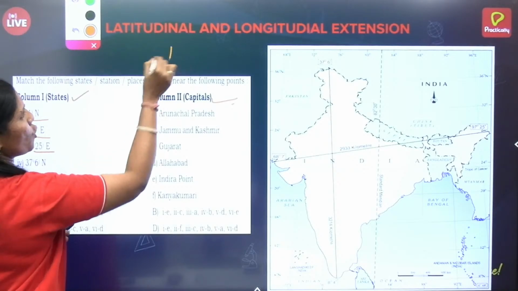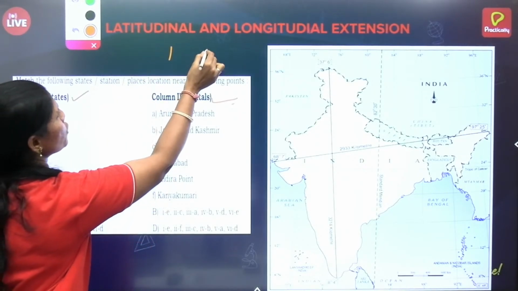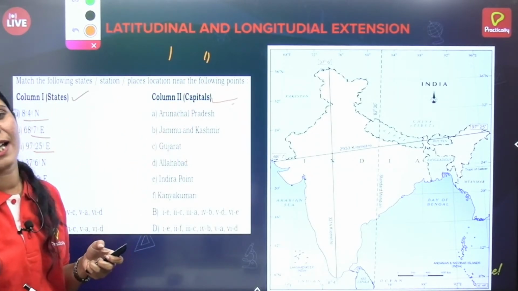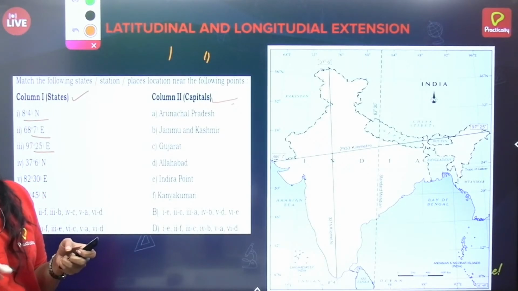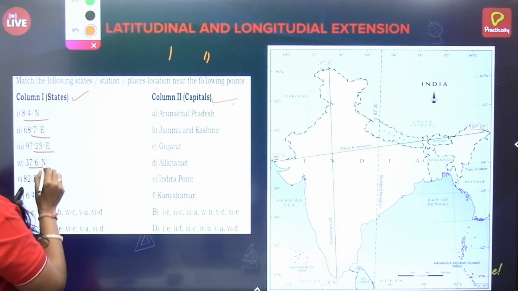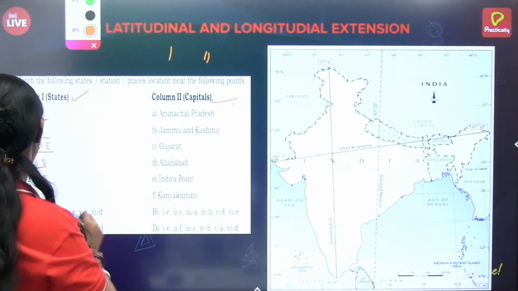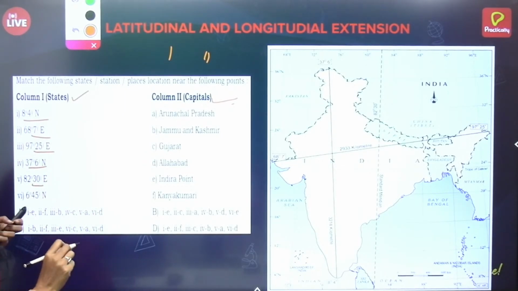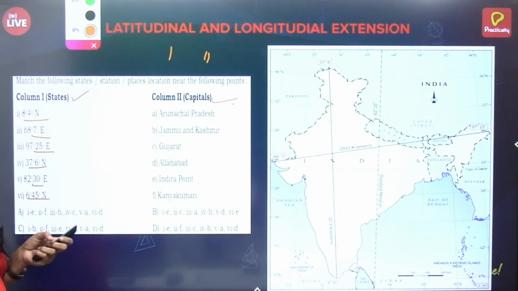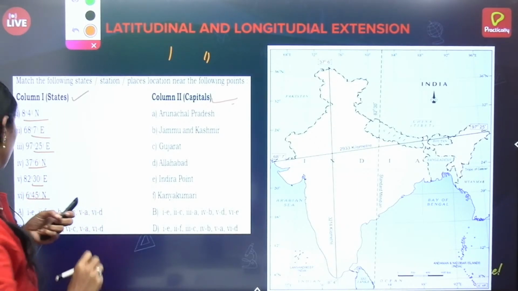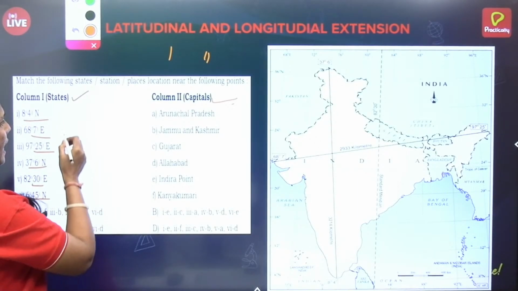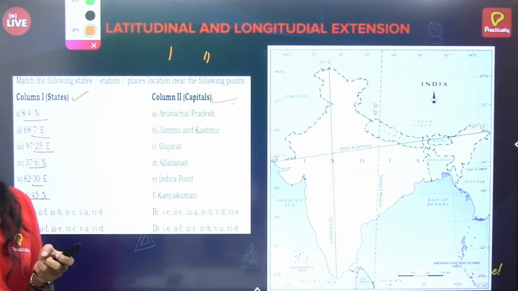If it is one stroke, it's minutes, and if it is 2 strokes, you need to read it as seconds. Then 37 degrees 6 minutes north, 82 degrees 30 minutes east and 6 degrees 45 minutes north. So let us match these with the states.